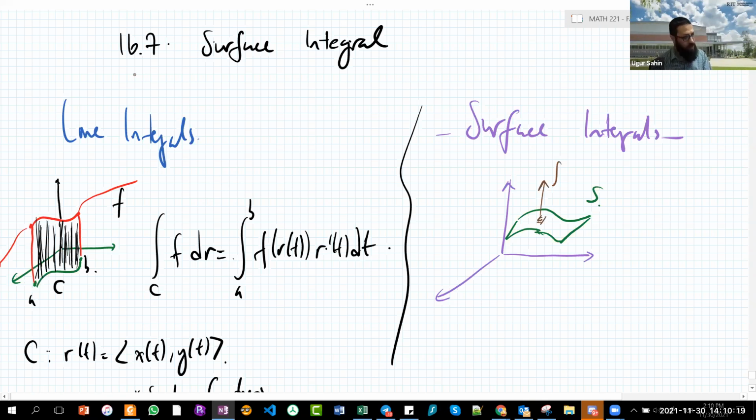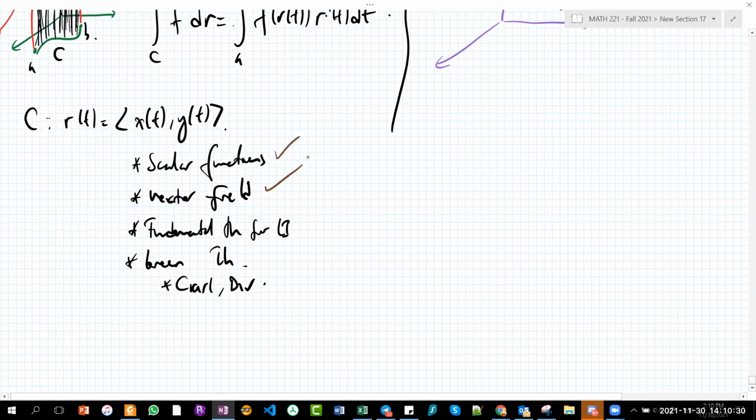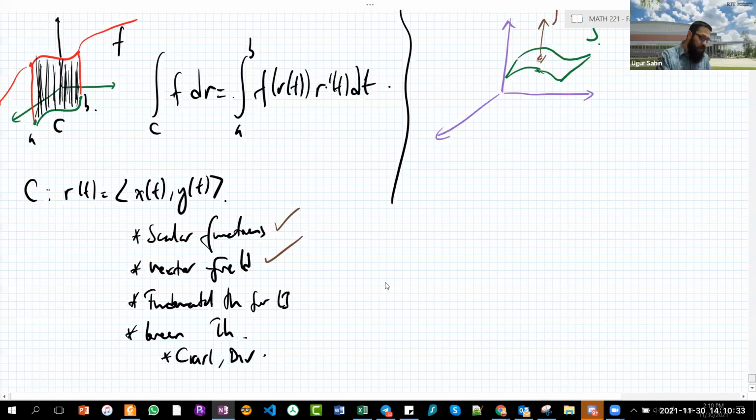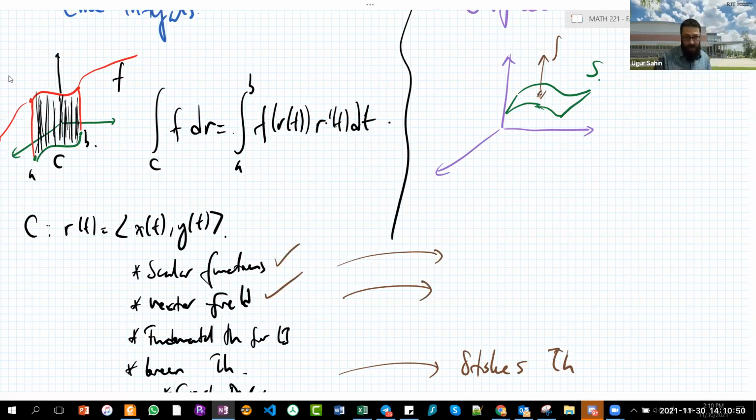For example, since we are going to define the surface integral for a scalar field, like we did the line integral, scalar field and a vector field, we will do the same thing for the surface integral. Then we are going to see a similar theorem for surfaces, like we saw the Green theorem for the line integrals. It's going to be Stokes theorem. Stokes theorem is just the expansion of Green's theorem or the fundamental theorem of calculus, like for the line integrals.